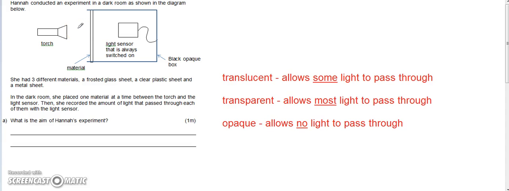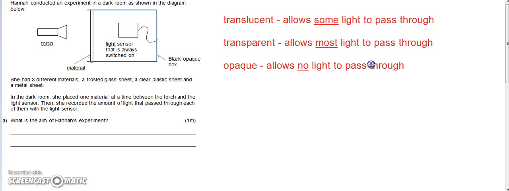Okay, so what is the aim of Hannah's experiment? Now remember, this kind of question is quite common, alright? What is the aim of this and what is the aim of that?